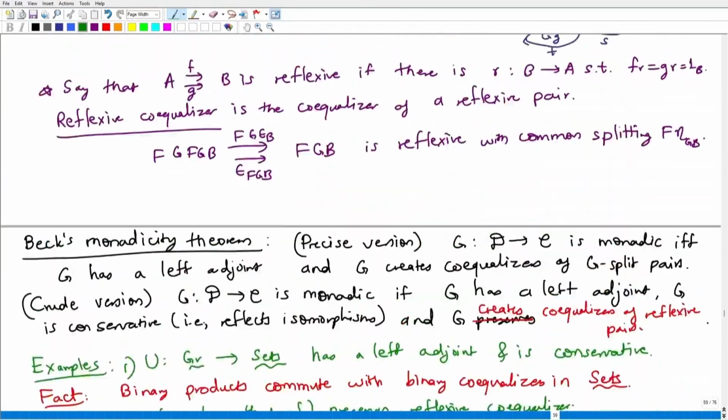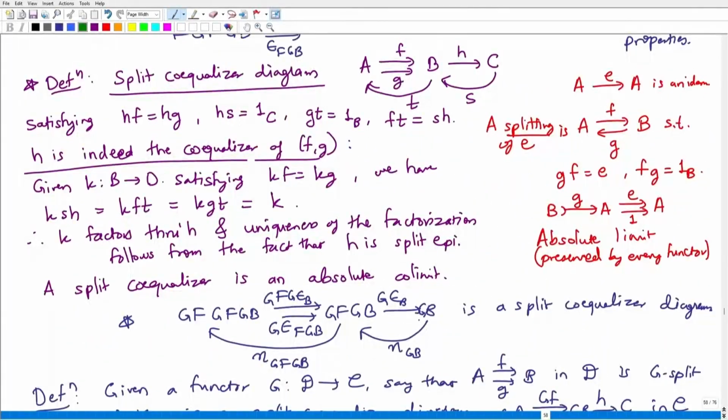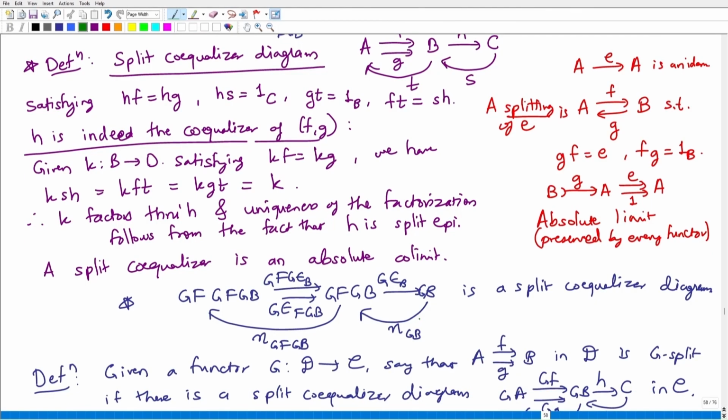The SH is a morphism with domain in C prime and codomain in C prime. We haven't yet said anything more. If you remember the red note that we had earlier, it said that a splitting of E is this, and this is an absolute limit. And dually there was a co-limit condition. So try to use one of them.